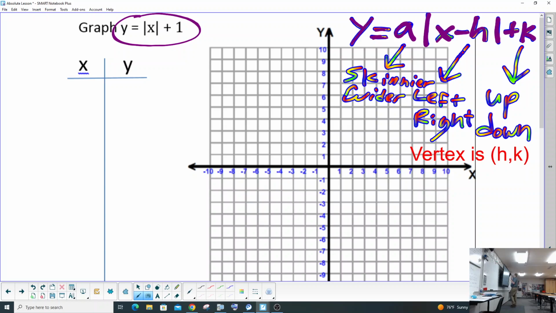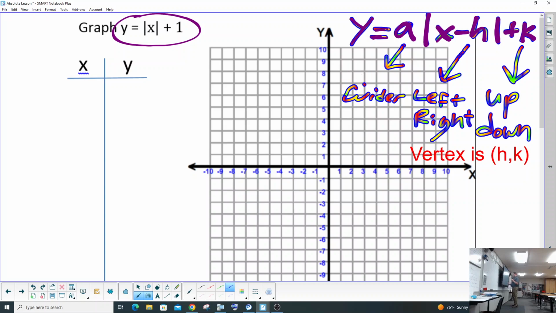So you have your a value, your h value, and your k value. What do each of those do? The a value makes it skinnier or wider. Another thing you could say is narrow.